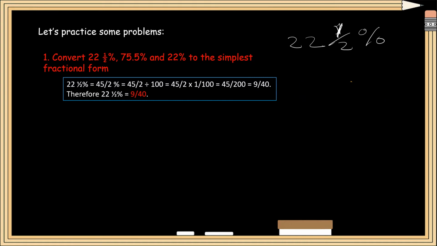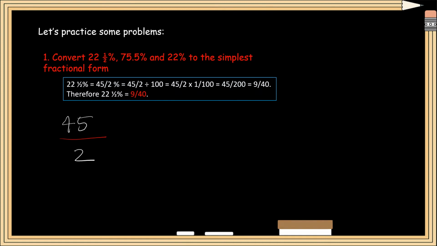So now we have found out the improper fraction, and now it is time to divide it by 100. So I'll just write the improper fraction here. It's 45 by 2.